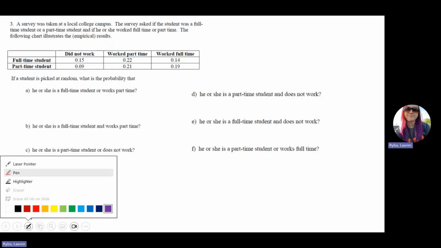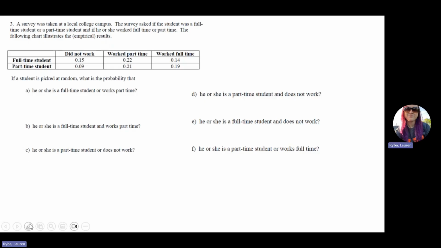Now, generally when I have a two-way table, I just like to highlight everything that is a part of my answer and add it all together. Want to find the probability that the student is full-time or works part-time. So this is generally what I do.